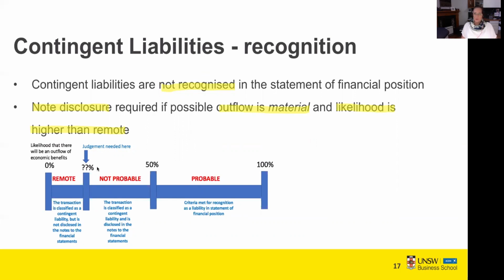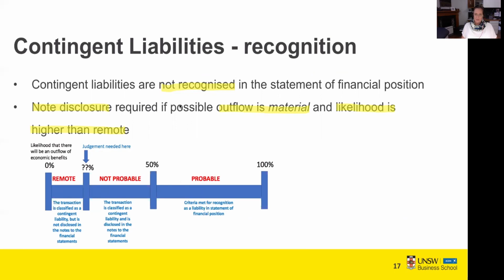So in the real world, this can be very complicated, and companies have to be able to determine this distinction between remote or not probable. For you in exams, we generally try and be quite specific. So we use this terminology remote or not probable or probable, for example. We use this terminology to make sure that there's clarity for you.